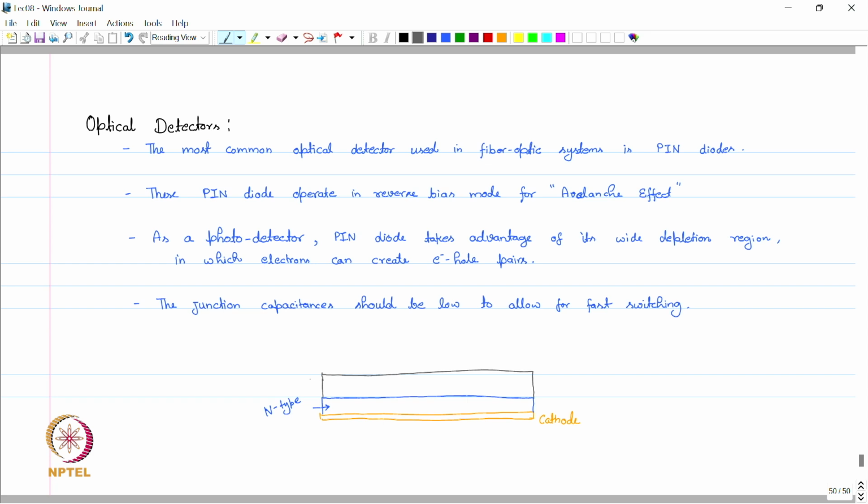This is intrinsic region, and on top of this intrinsic region we have P type layer.